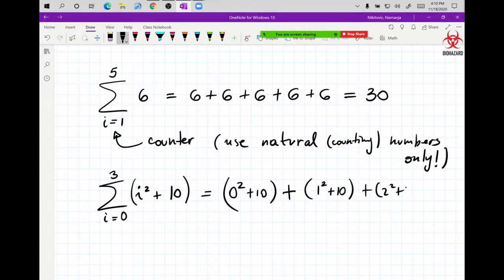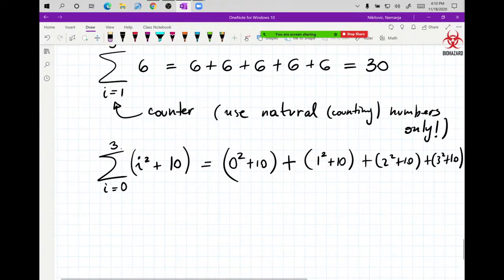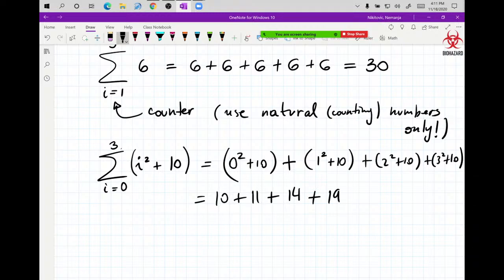Plus 2 squared plus 10. Plus 3 squared plus 10. And we stop because you reached the end. It said end at 3. So what do you have? You have 10 plus 11 plus 14 plus 19. That's what you have when you compute these. And you just add them. That's 30, 40, 54. Right, so it adds to 54.